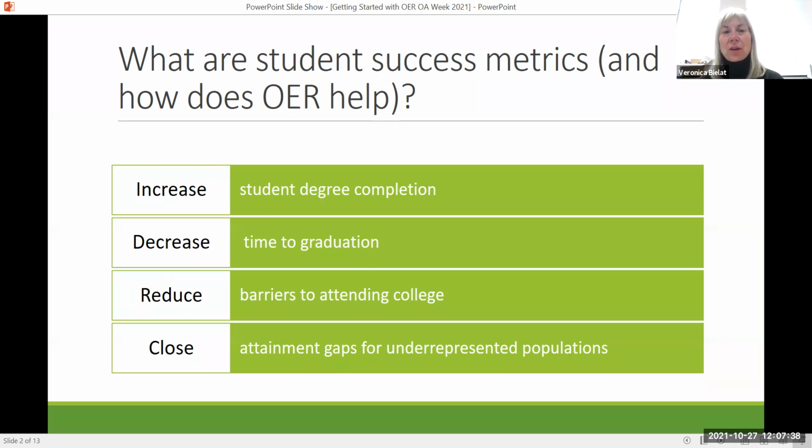So some of the metrics that are used are increasing student degree completion, decreasing time to graduation, reducing barriers to attending college, and closing attainment gaps for underrepresented populations.